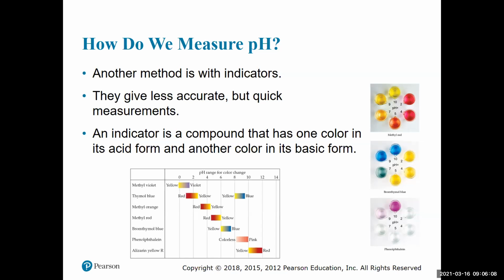But it's that same idea that as you go from one pH to another, you get some transition. Usually it's a protonation or deprotonation of the molecule, and it winds up getting a color change. Those give you a ballpark figure of where you're at. Certainly not as accurate and precise as the pH meter.